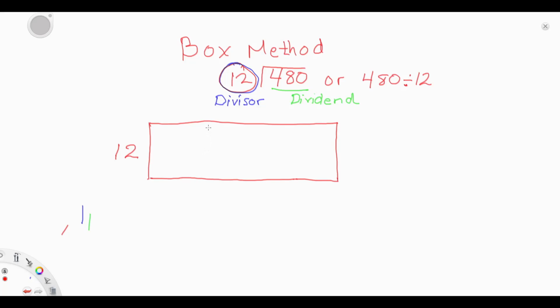Now, I'm going to split this rectangular box into 3 groups. Now, the groups are not going to represent my total, which is 480, but it's giving me the option to do multiple workouts. But before I start my workout, I want to create something here on the side that can assist me.